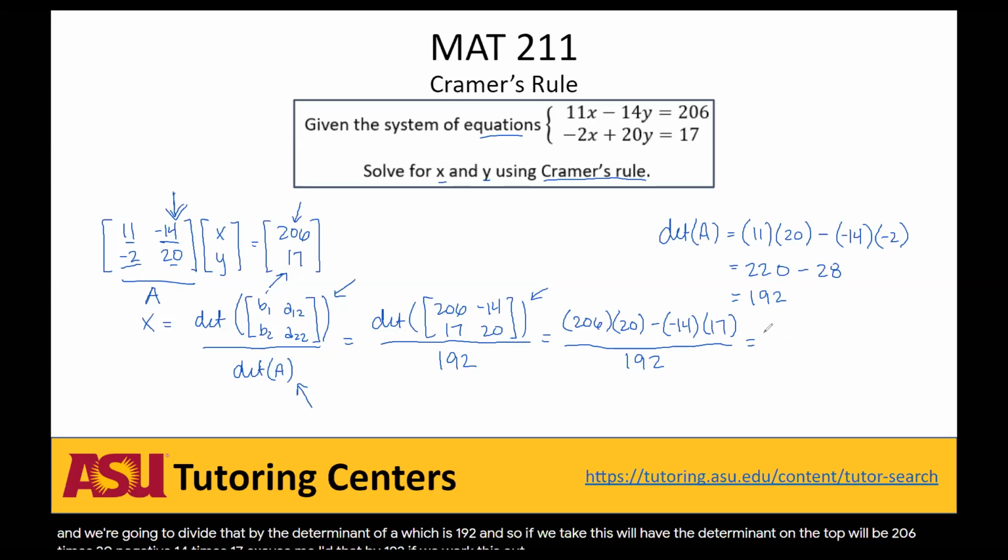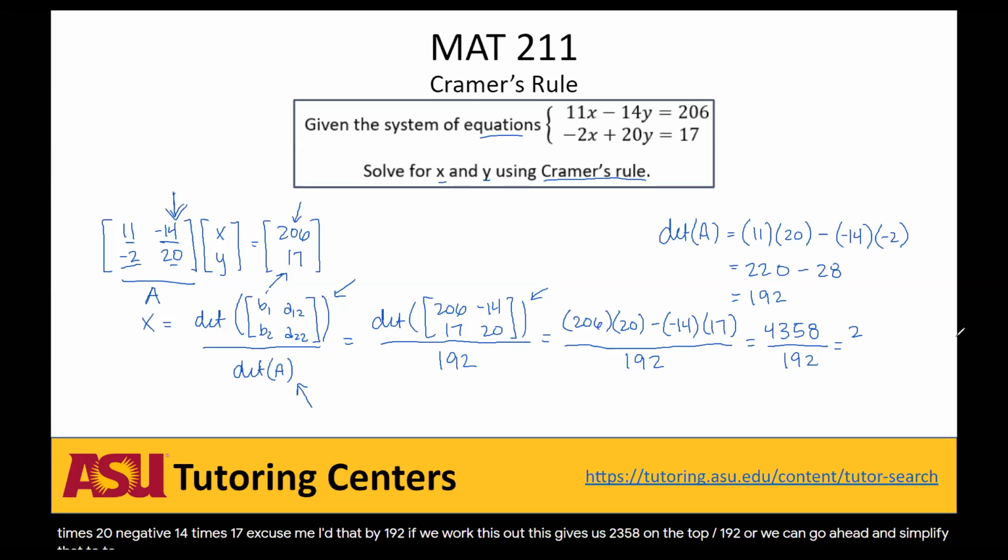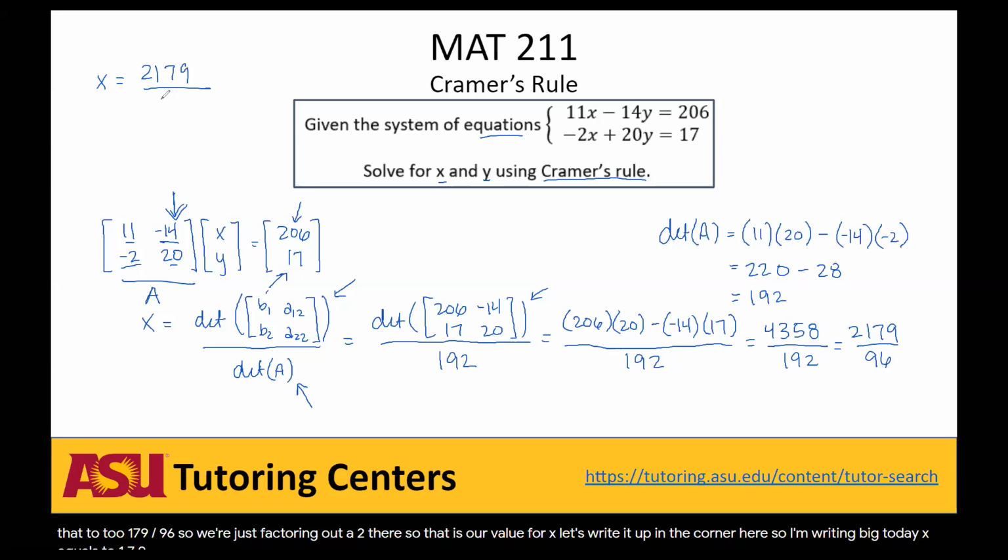If we work this out, this gives us 4,358 on the top, divided by 192, or we can simplify that to 2,179 divided by 96, just factoring out a 2 there. So that is our value for x. Let's write it up in the corner here. I'm writing big today. x equals 2179 divided by 96.